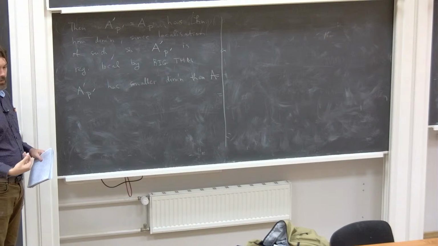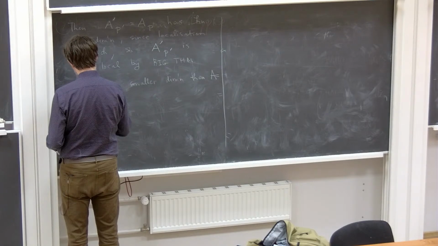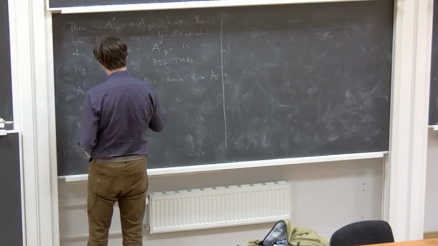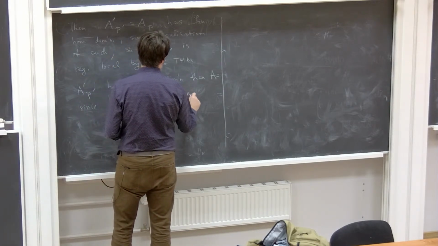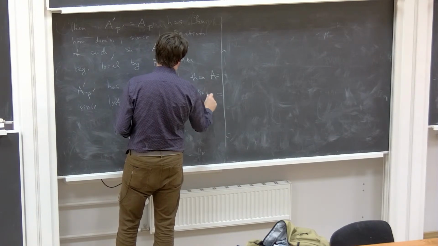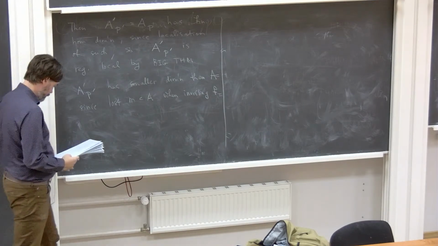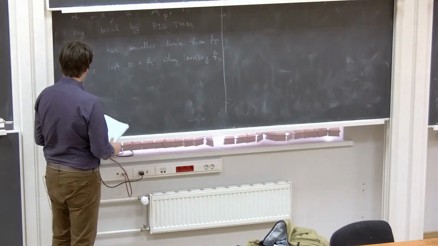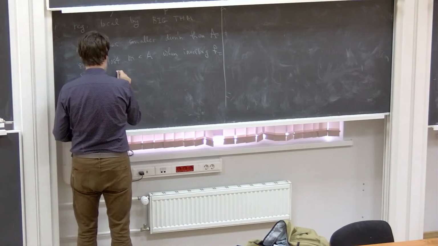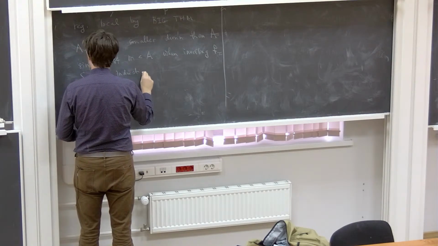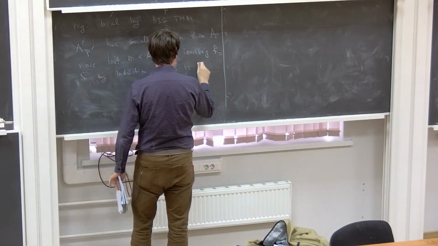We inverted something that was in the maximal ideal, namely F. So by induction, this is factorial. A prime at P prime is factorial.